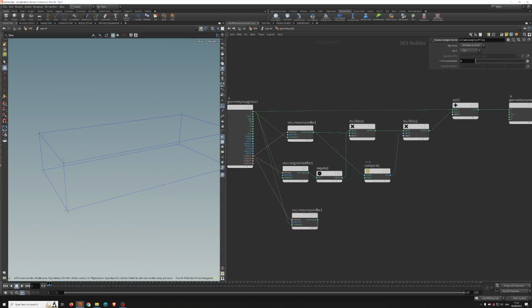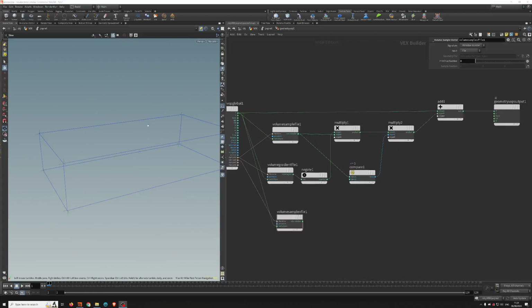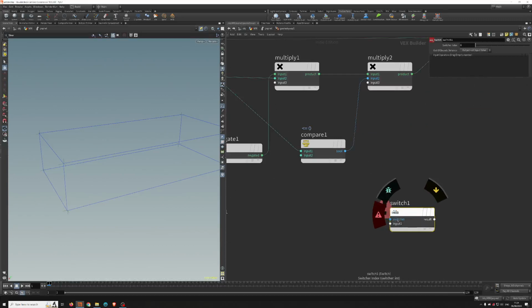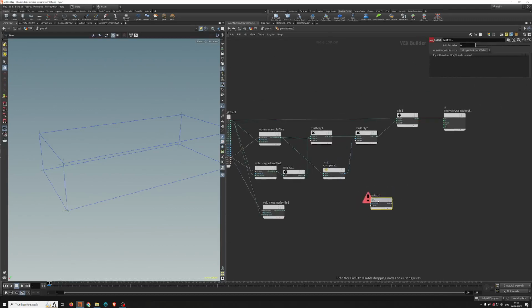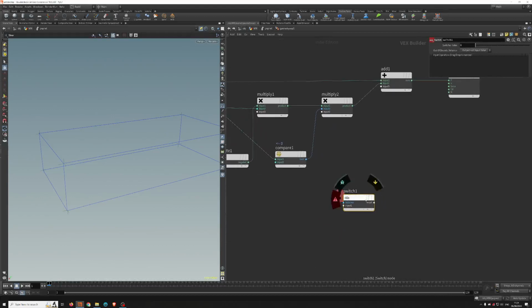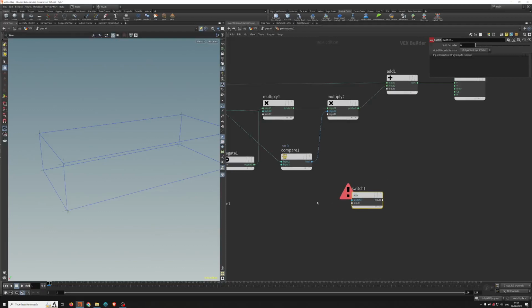Anyway, in this case, we want to use the switch, and the switch is kind of a toggle. It will say you have a condition, and the condition is of course the same: the compare if they are outside or inside.